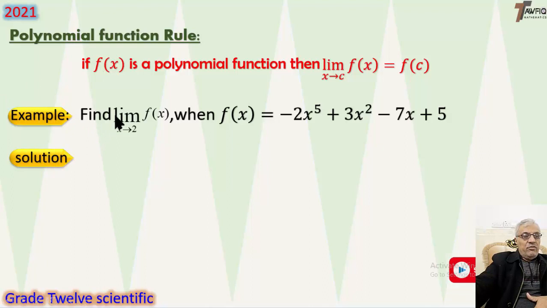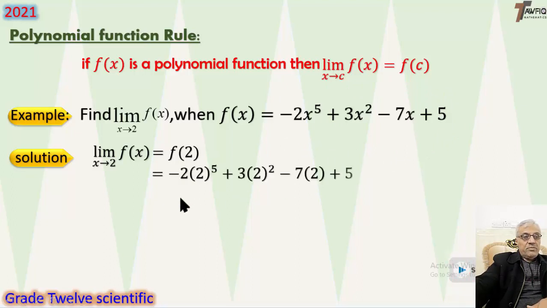Example: find the limit as x approaches 2 of f(x), when f(x) is equal to minus 2x to the power 5 plus 3x squared minus 7x plus 5. The limit as x approaches 2 of f(x) is equal to f(2), because this function is a polynomial function.